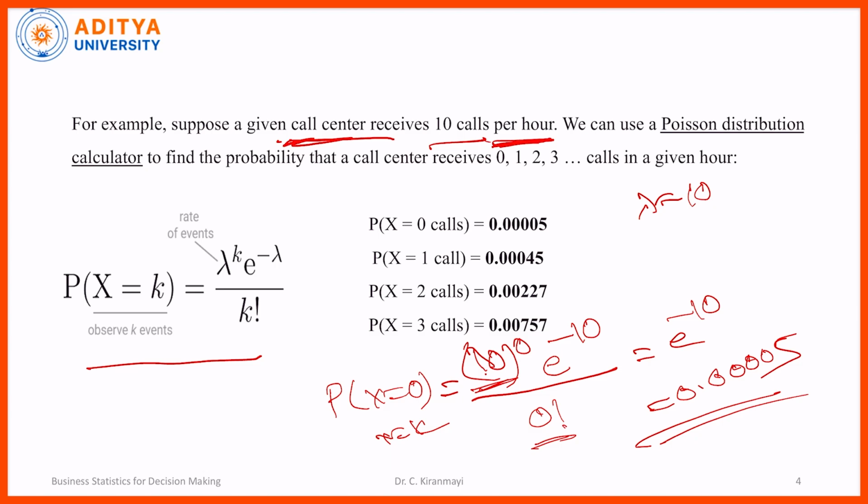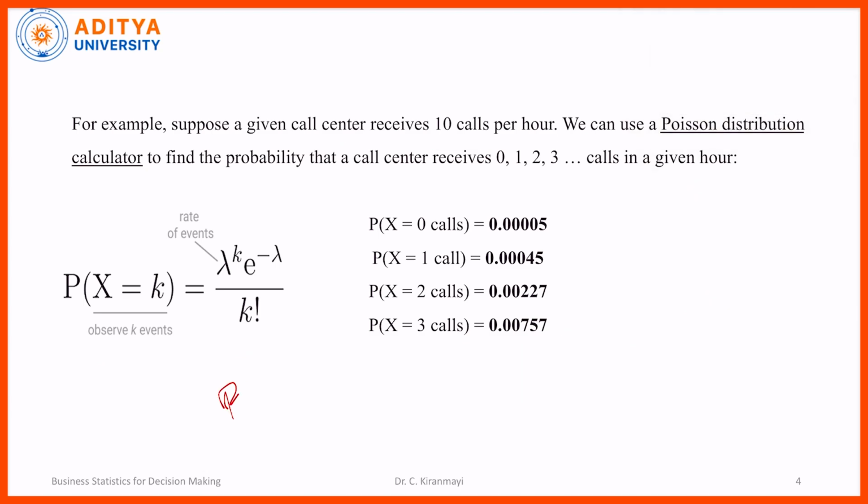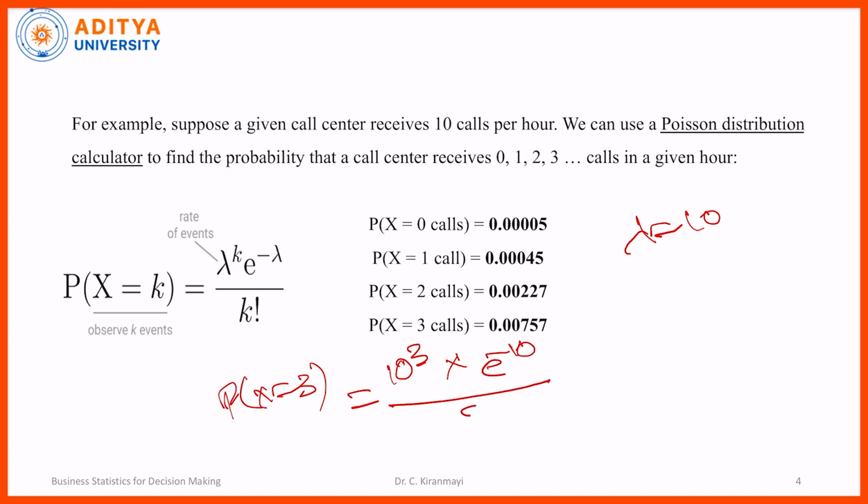Likewise, we can calculate for P of x equal to 3. The lambda value is 10, so that is 10 power 3 times e power minus 10, divided by 3 factorial, and this is going to be 0.075.